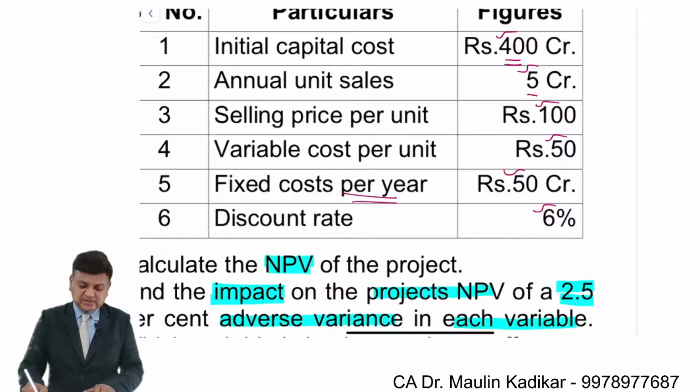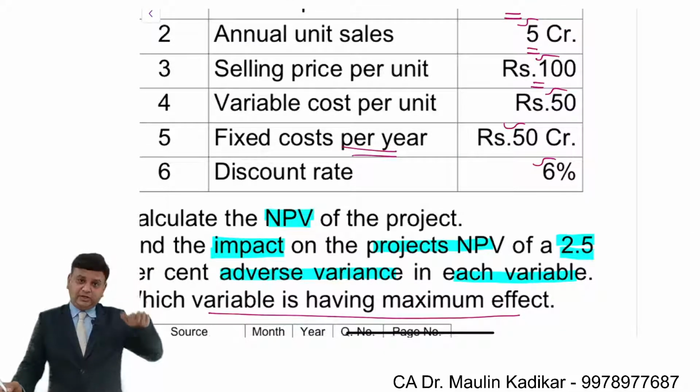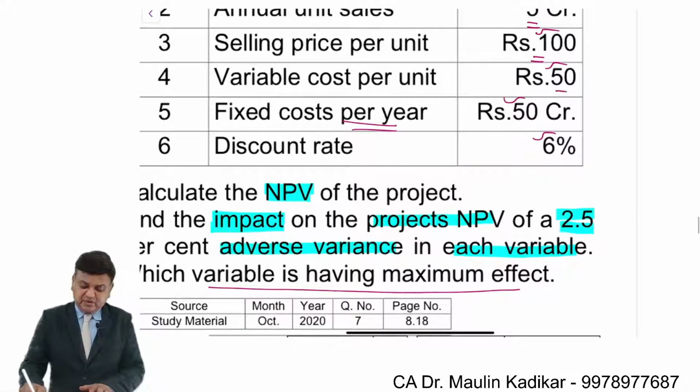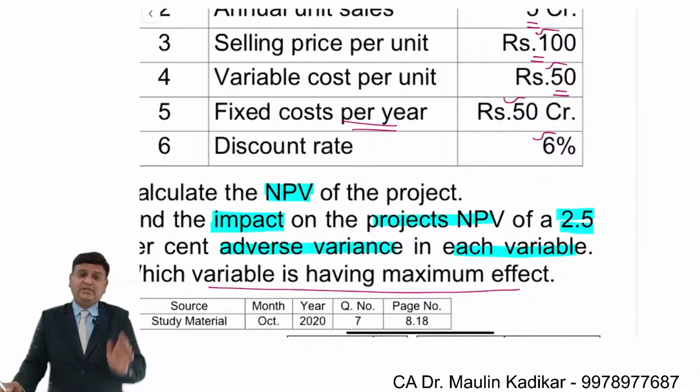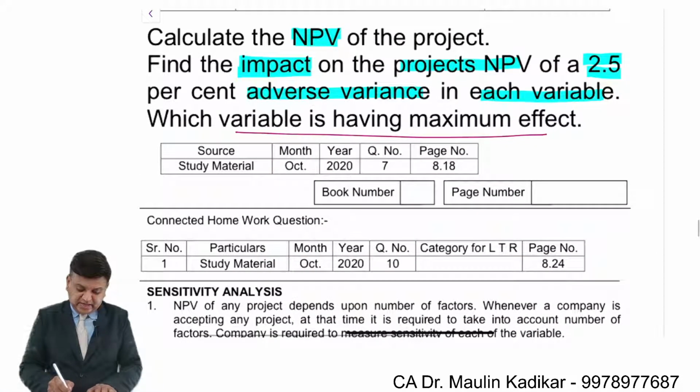If at all the sales is falling down, then what is the impact on NPV? If at all the selling price per unit reduces, what is the impact on NPV? If variable cost per unit increases, what is the impact on NPV? That is the way we are required to consider adverse.